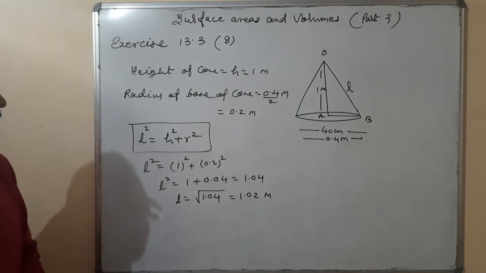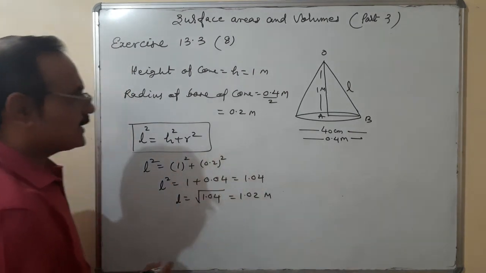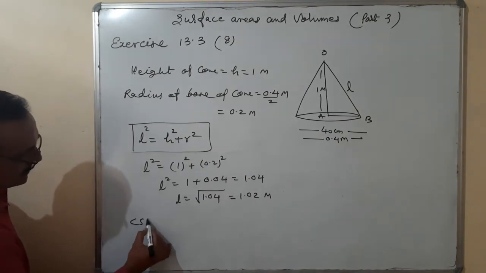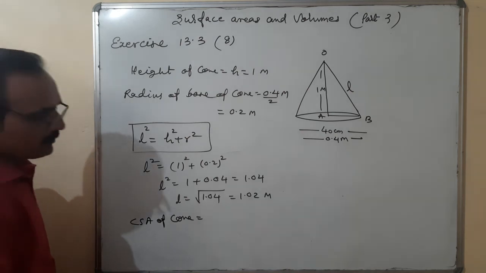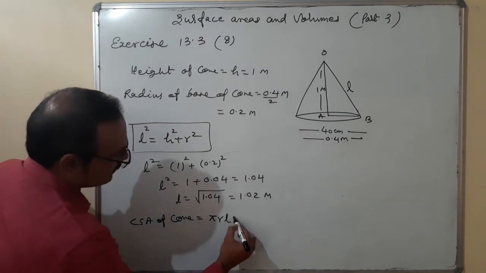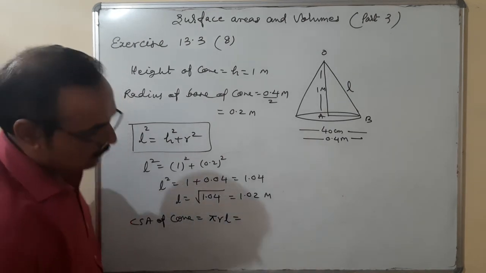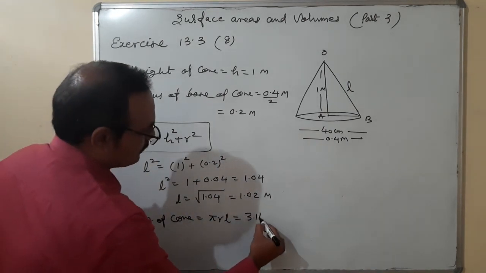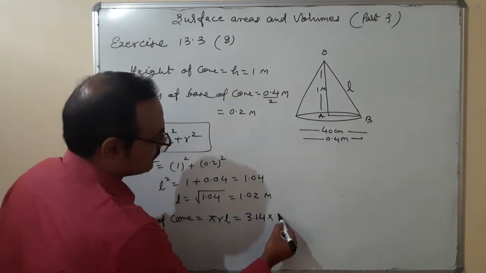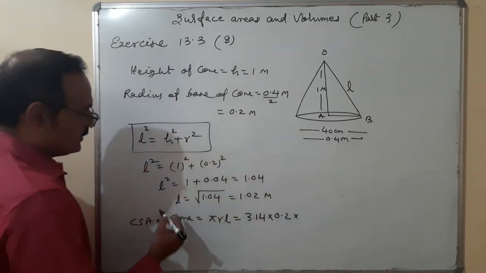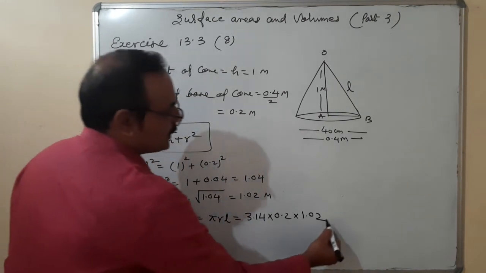After this, we are going to find CSA of cone. CSA of cone is formula pi r L. Clearly it is mentioned that use pi is equal to 3.14. So 3.14 multiplied by radius 0.2 and slant height 1.02 meter square.